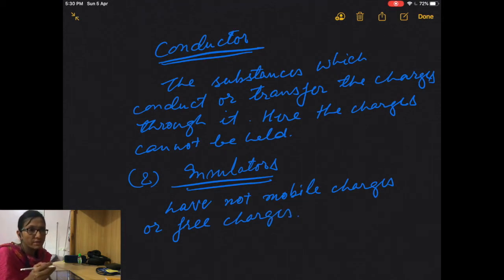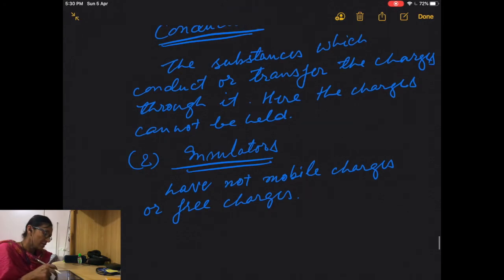In insulators, in some materials, the outermost shell electrons are held very strongly, so they are not freed from their periphery. They do not leave their atom. So insulators are deficient in mobile charges or free charges.